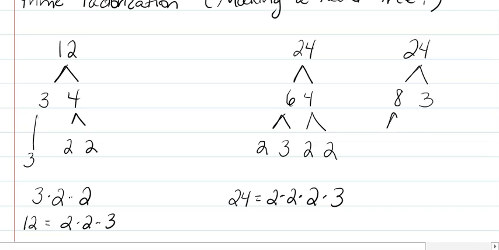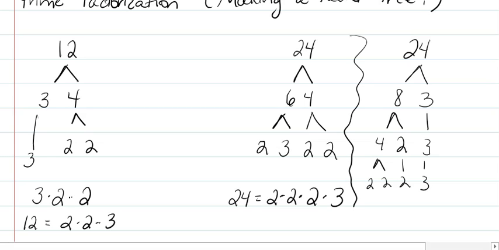And now I can factor down my 8 into 4 times 2. I'm going to bring this 3 down just so I don't forget about it up there in the air. This 4 would factor into a 2 and a 2. Bring that 2 down, bring that 3 down. I'm going to draw a line here so you know that we're talking about a different problem. So I would get 24 equals 2 times 2 times 2 times 3.